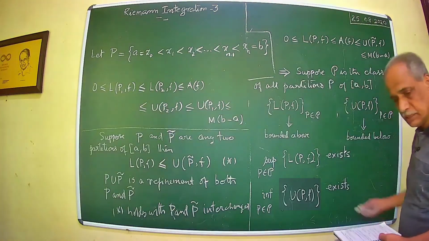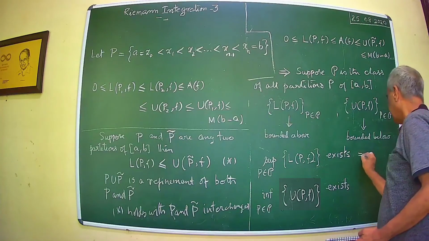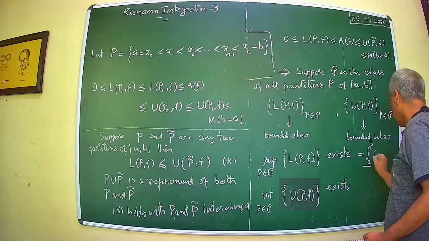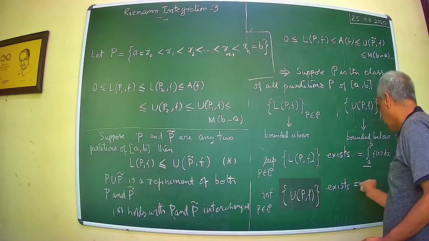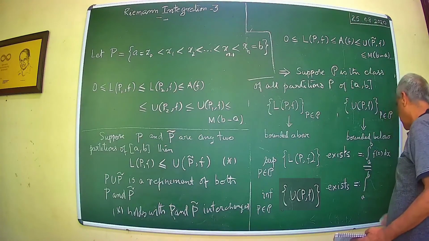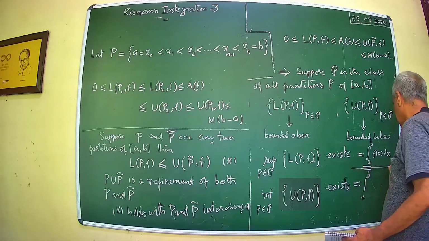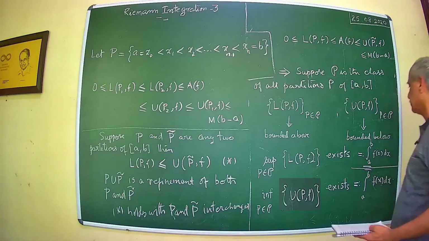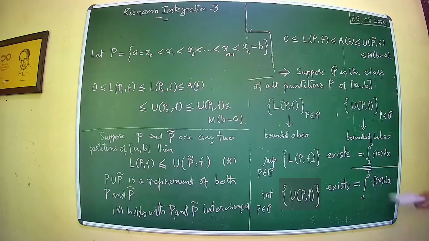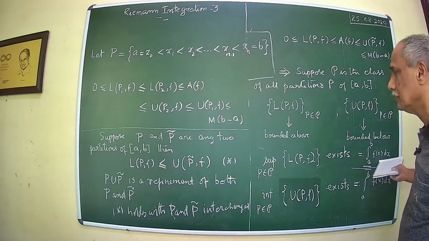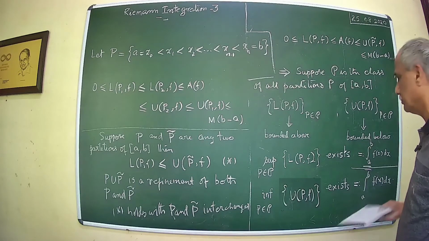Now let me denote these two numbers. I designate this by the integral from a to b of f(x) dx, and this I designate by the integral from a to b with a top bar. These numbers exist. This I call the lower integral and this I call the upper integral.